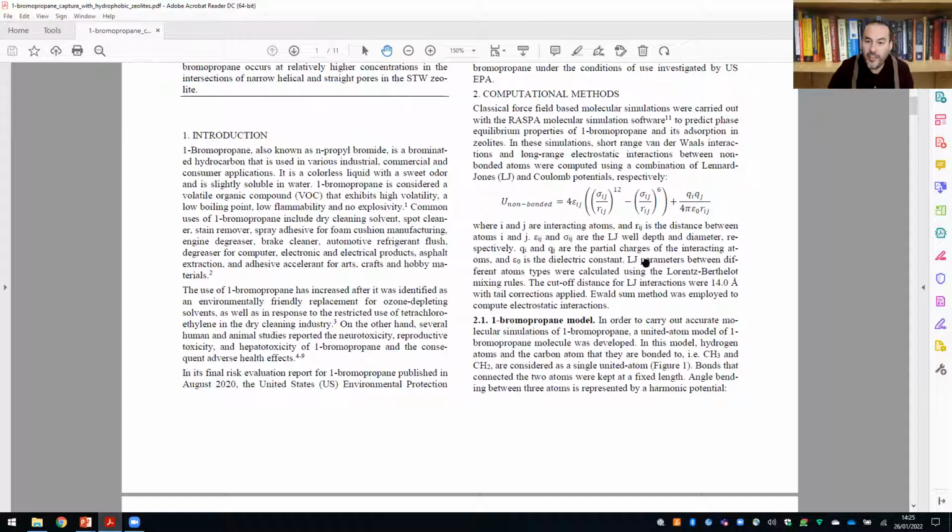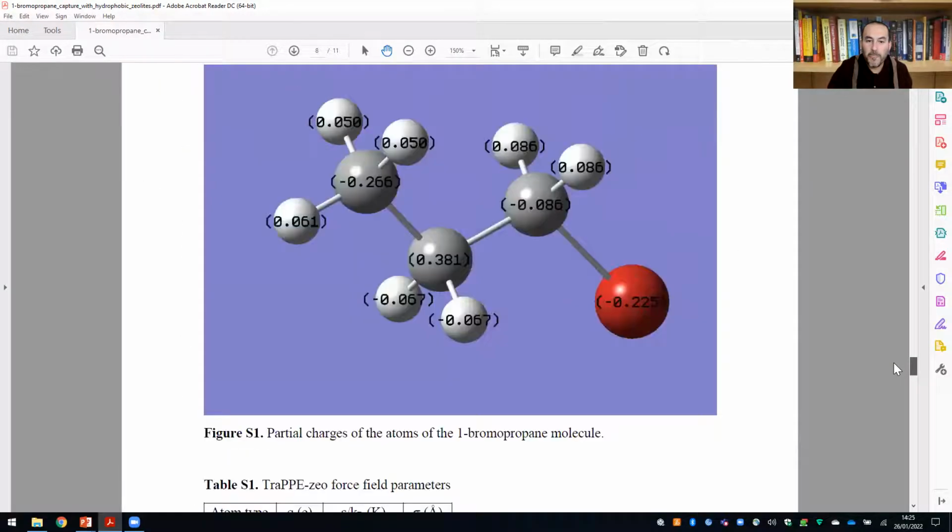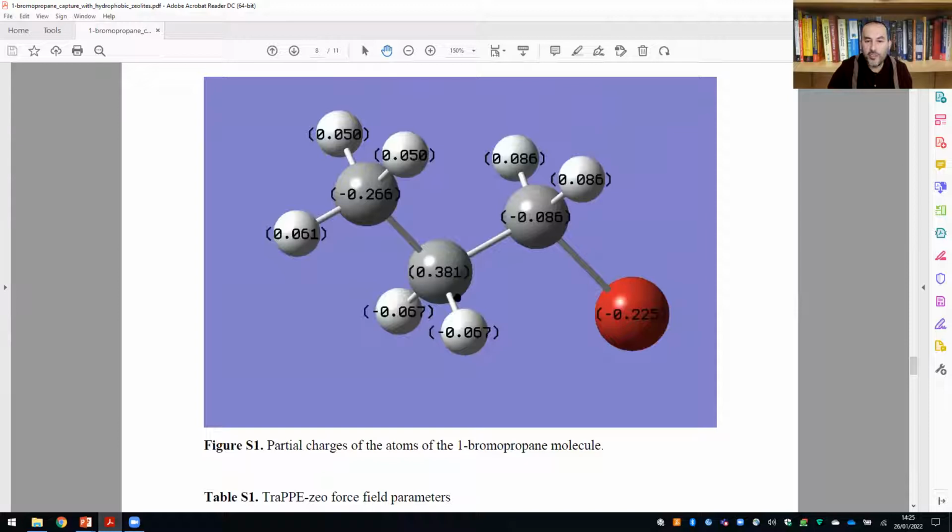But how did I do it? The first thing to do is finding the partial charges on the atoms of bromopropane. Bromopropane is this: CH3, CH2, CH2, and bromine. So what you do is a quantum chemical calculation. Remember what we discussed about induced dipole interactions or dipole interactions. This is a neutral molecule. It's not an ion. The overall charge is 0.